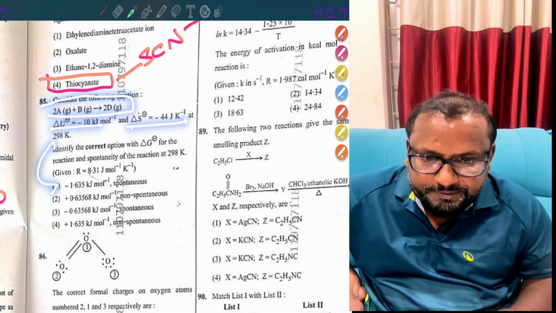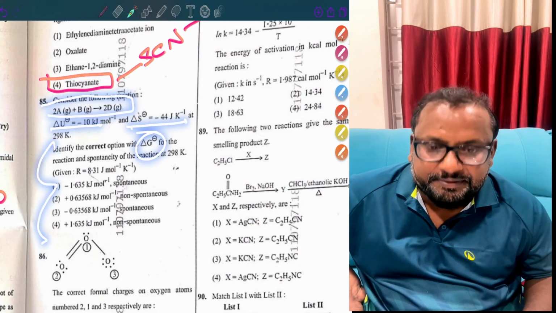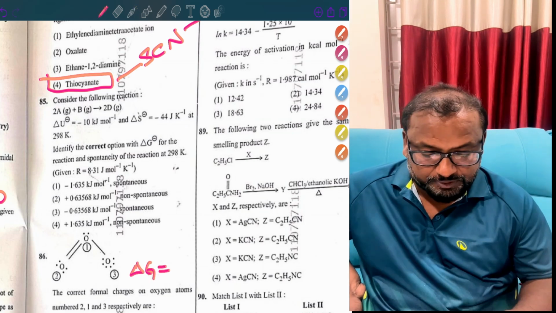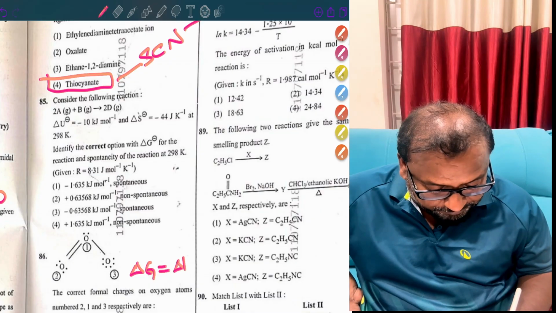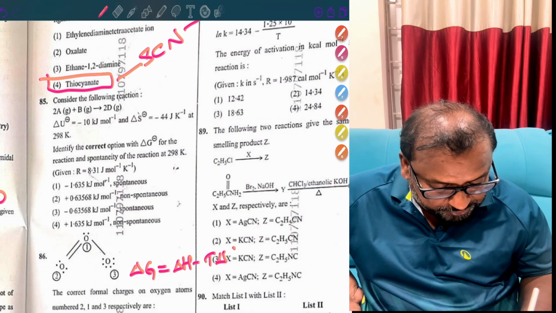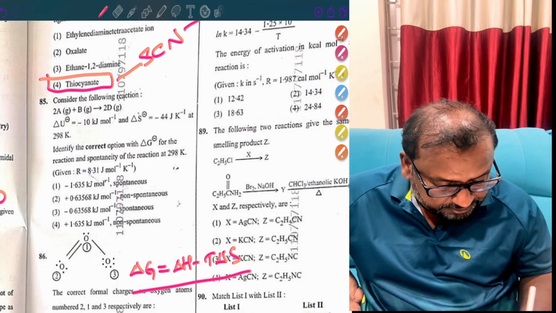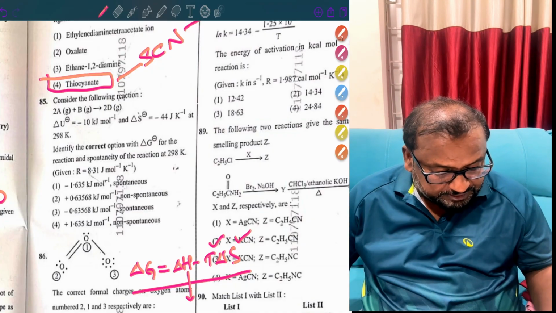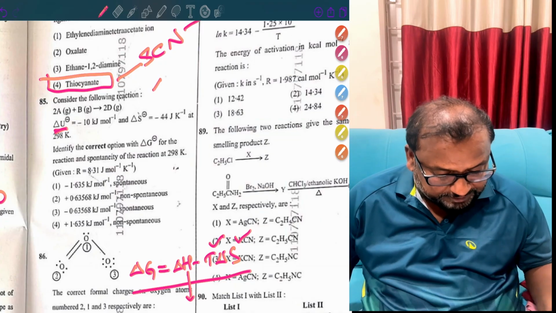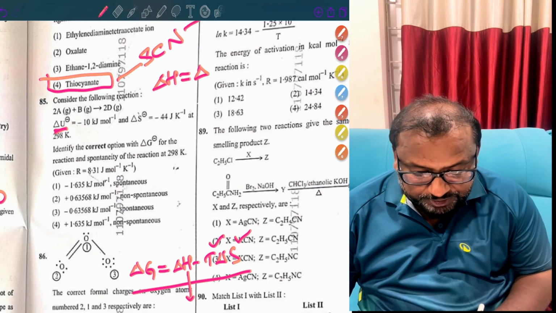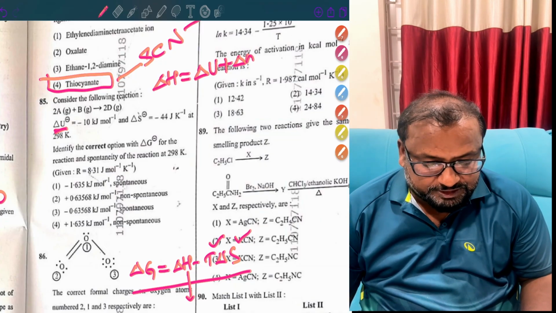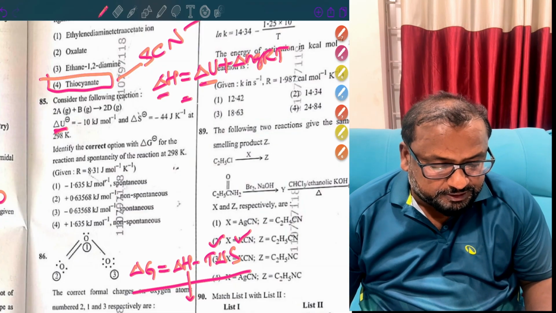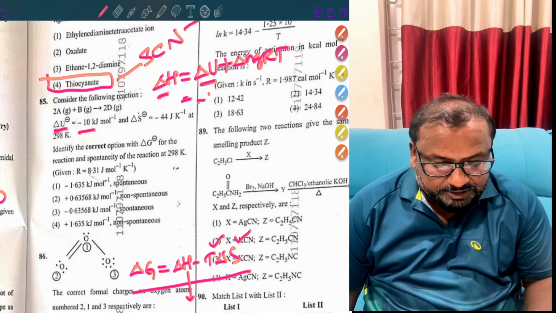Delta U is given, delta S is also given, and we are asked to identify delta G. So first, we need to use the formula delta G equals delta H minus T delta S. For this, S is there, T is there, H is not there, but U is given. So we have the relation delta H equals delta U plus delta ng RT. From this we can calculate delta H.